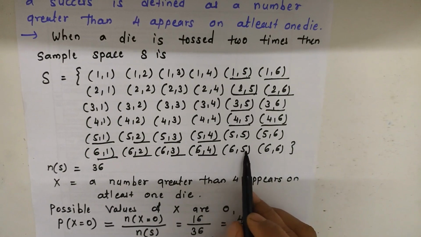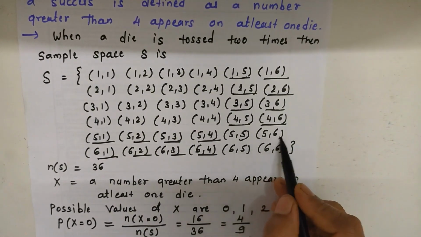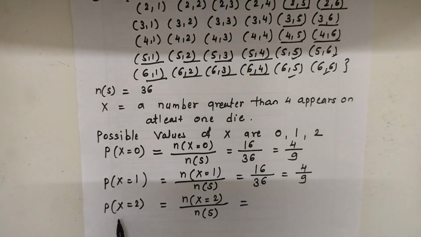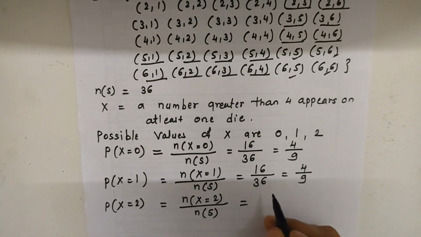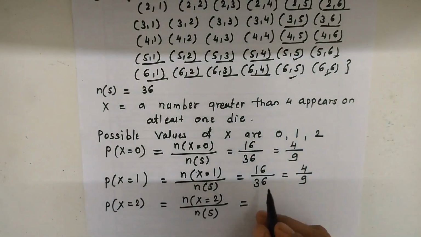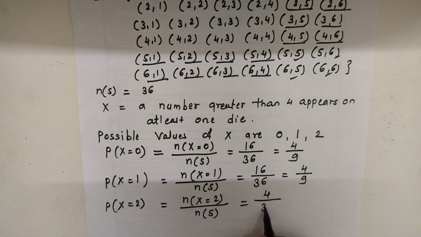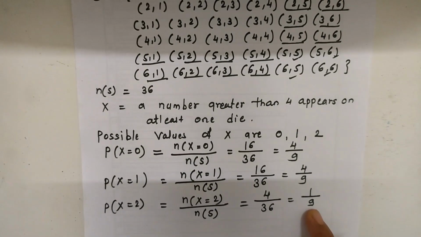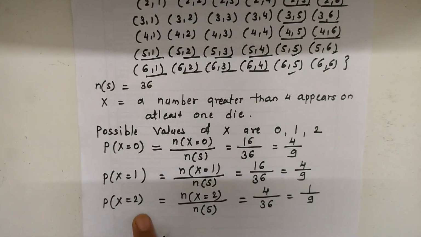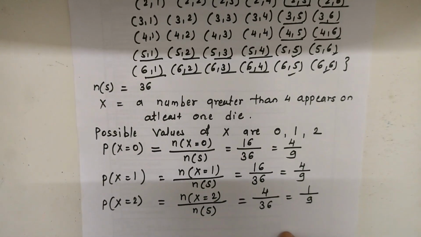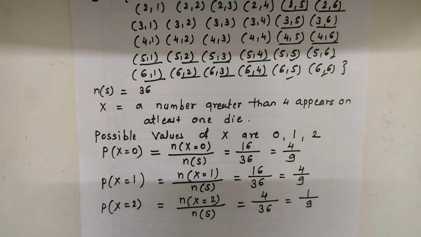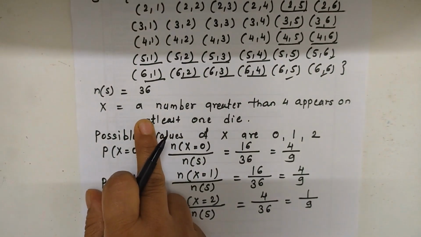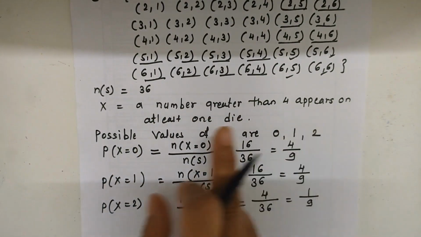These are the sample points for X equal to 2. So it is 4 upon 36, that is 1 upon 9. This is the probability for X equal to 2. In this way, we get the probability for all possible values of X, where X is the number of dice showing a number greater than 4.